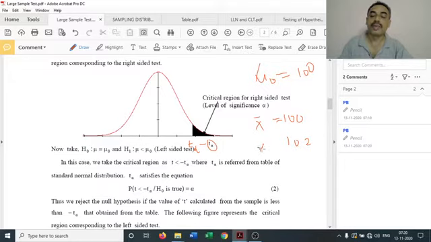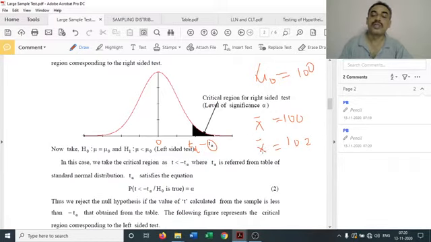Suppose the sample showed a mean of 102. Now, if this 102 generates a value of t between 0 and T alpha, that hike of 2 will be ignored. We will take mu 0 as 100 itself. The hike from 100 to 102, 2, is insignificant, and that's why we consider mu 0 equal to 100 to be true. So the point where it becomes insignificant is considered as T alpha. If it goes beyond T alpha, we will reject the null hypothesis and accept the alternative hypothesis.